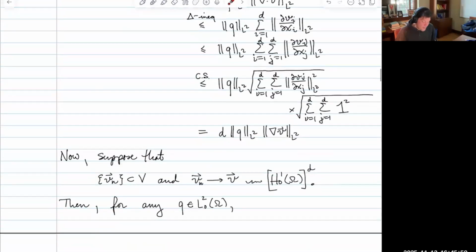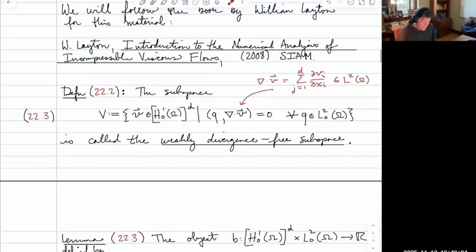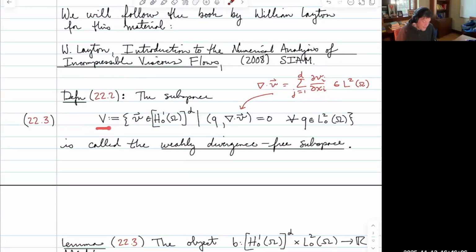All right, now I want to show that this space is a closed space. So what I need to do there is take a sequence of functions from this space, and we're going to suppose that it converges to something else. Well, if it converges, it's not necessarily going to converge to something in this space unless that space is closed.